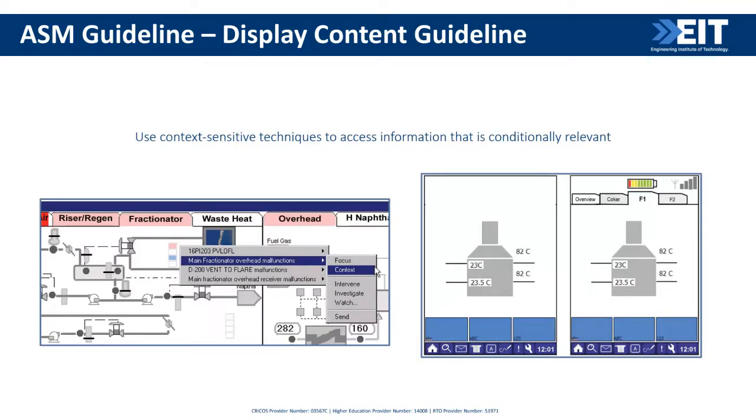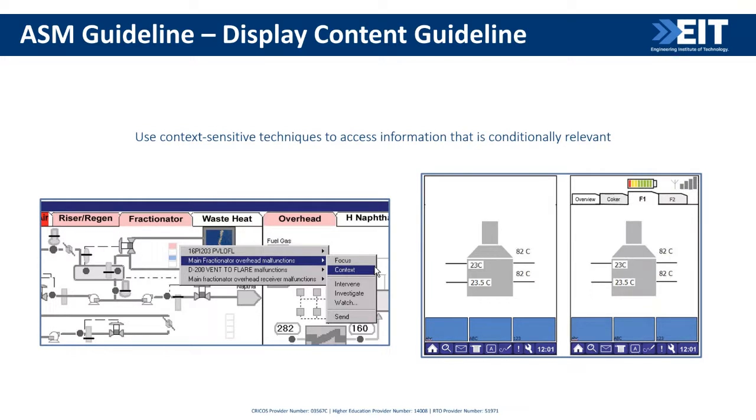So the next one that we will see is the ASM guideline on display content, right? So the guideline is use context sensitive techniques to access information that is conditionally relevant. So context sensitive techniques allow the displays to change with the operator needs. In this way, the display can contain more information while showing only the needed information to the operator.